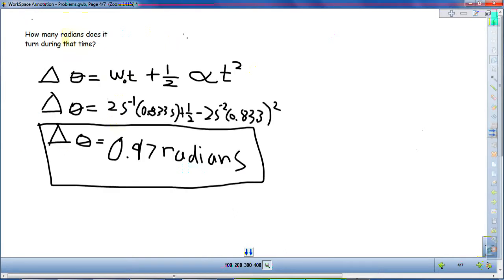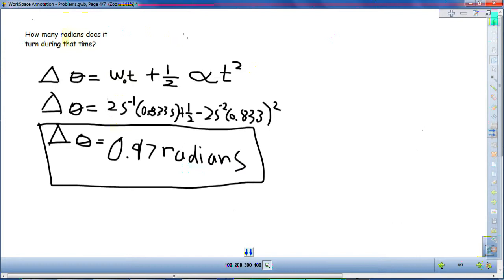And then to calculate how many radians it turned, it's basically the same as calculating how far it went if you were in linear mode, but now we're in circular. You use the second Black equation. Delta theta equals omega naught times time plus 1/2 alpha t squared. Plug in your numbers.